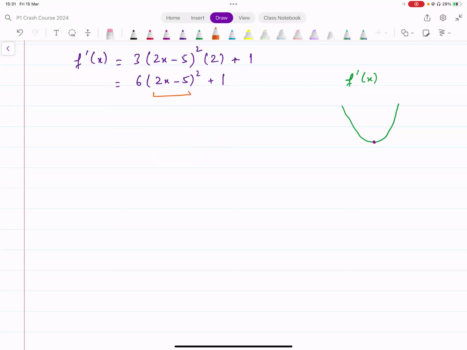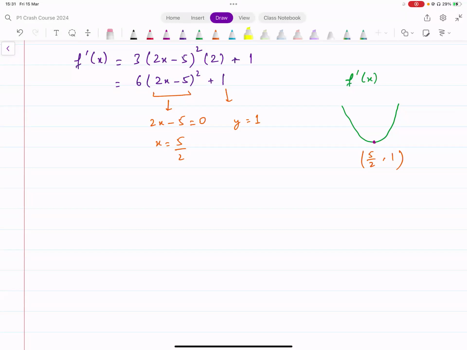The part inside the bracket, you basically put that equal to 0. And that gives you x equals 5/2. That's the x coordinate of the turning point. And this is the y coordinate. That's 1. The y coordinate of the turning point is 1. This is the turning point of this derivative.